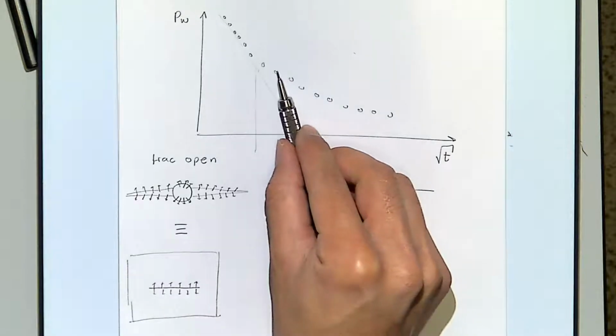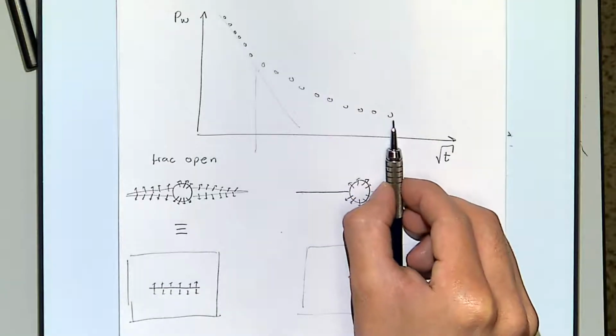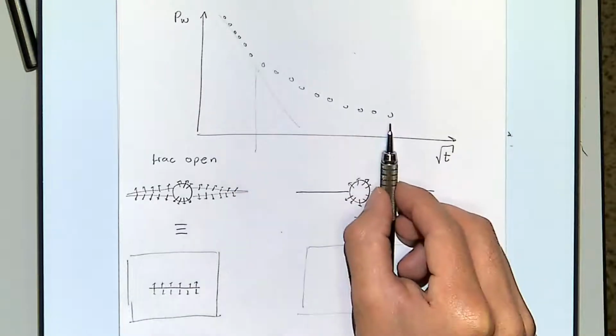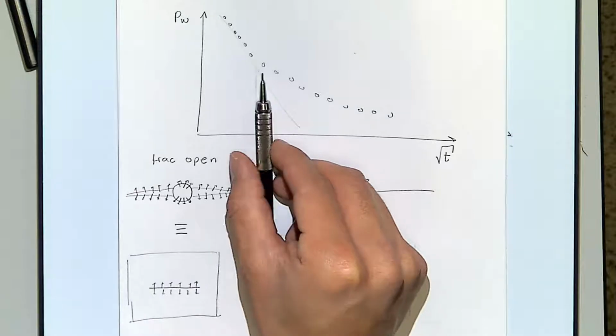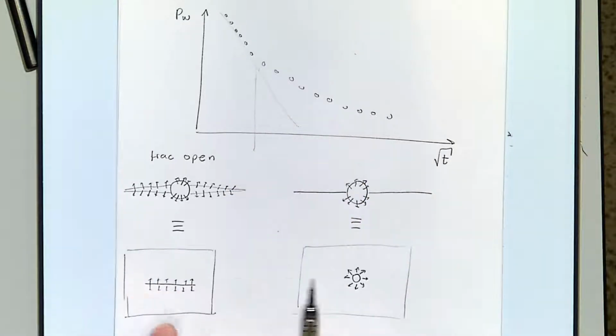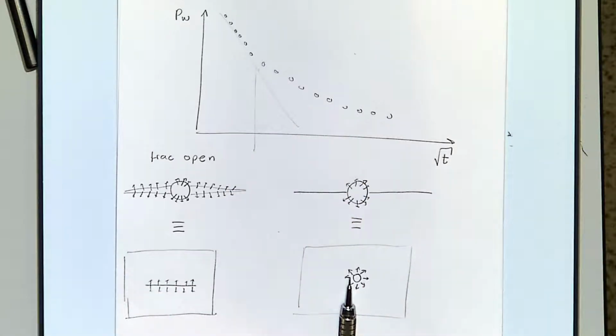And as you can see in the signature here and this schematic, you will expect your pressure to go down more slowly because now you're not injecting from a linear source, but from kind of a point source.